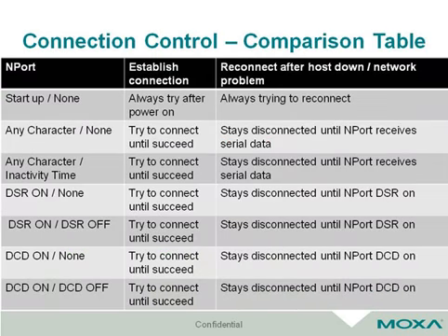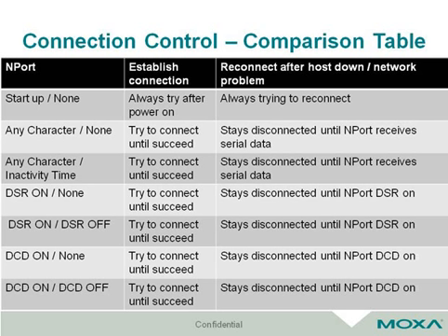Here I have a table of the behaviors of connection control options. There are a few things to be remembered in this table. For startup none, if the establishing of connection fails, Nport will always try to establish the connection when it's powered on.